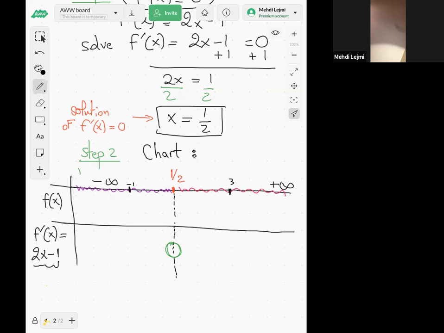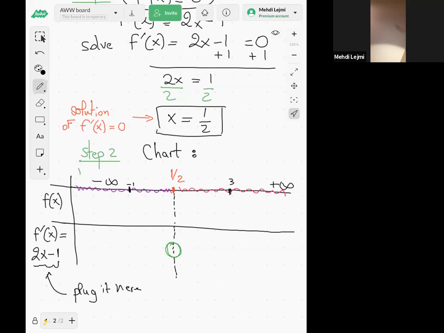I'm going to plug my -1 into the 2x minus 1 in the derivative. If x is -1, then 2 times -1 is -2, minus 1 is -3.